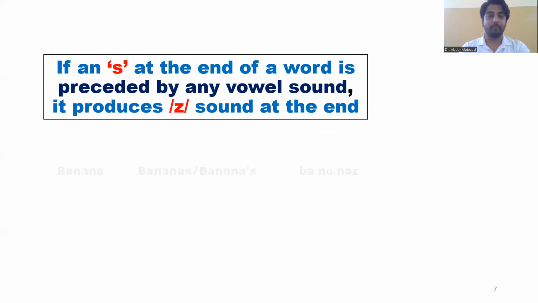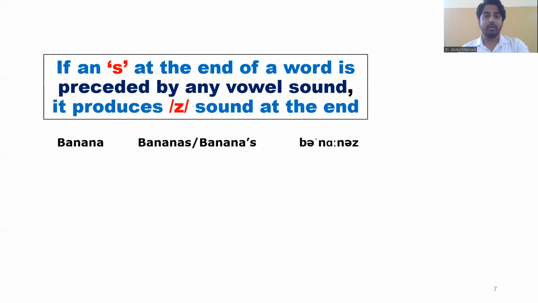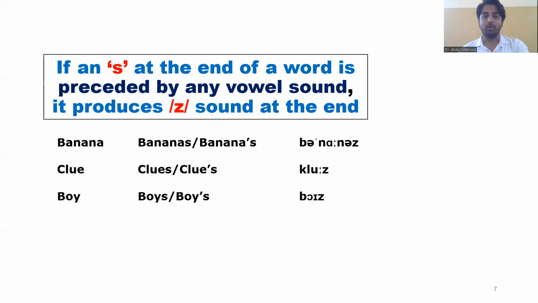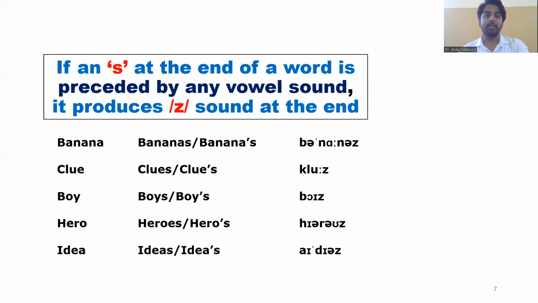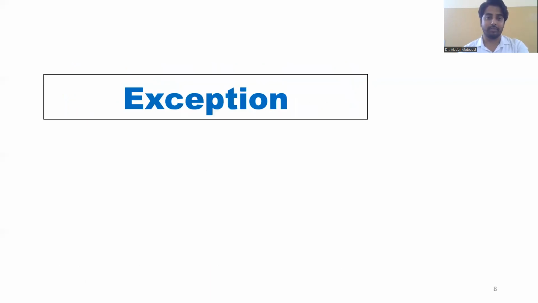Voiced, obviously. So banana becomes bananas, clue becomes clues, boy becomes boys, hero becomes heroes, idea becomes ideas, right? So all these s's here are after vowel sound, right? That's why all the s's become z at the end.